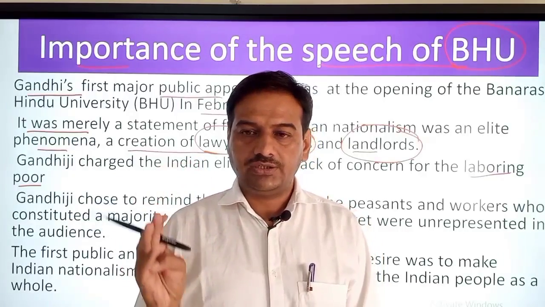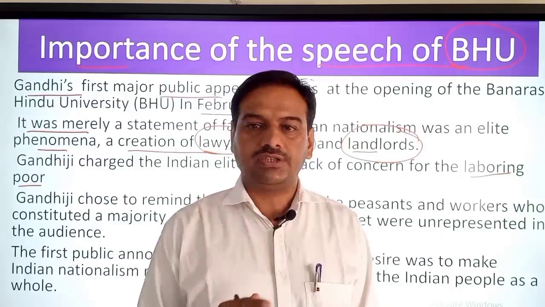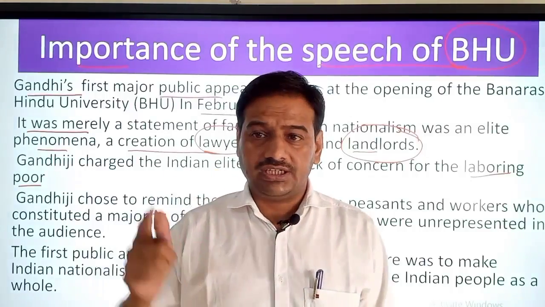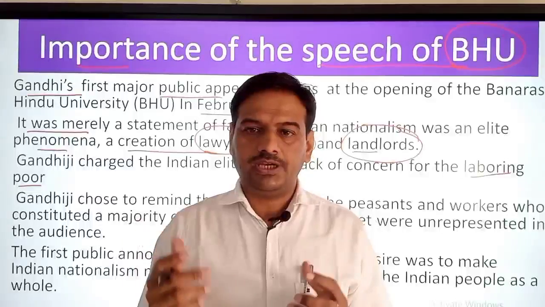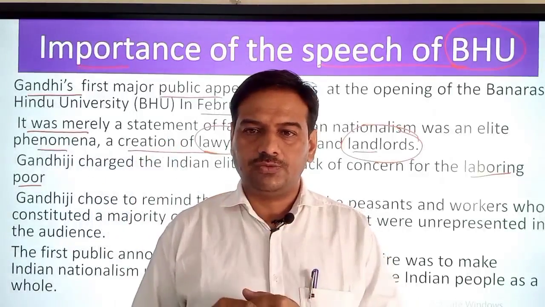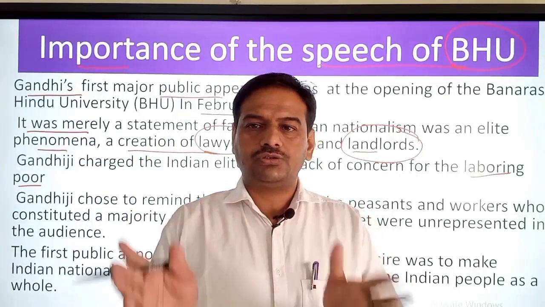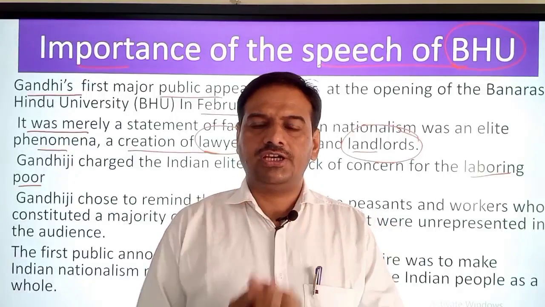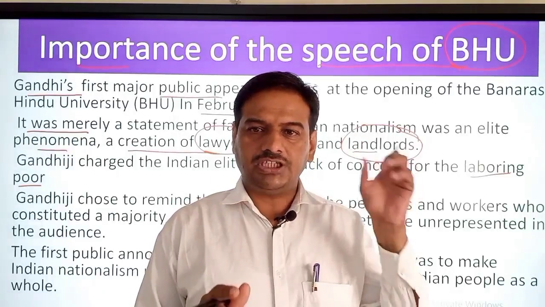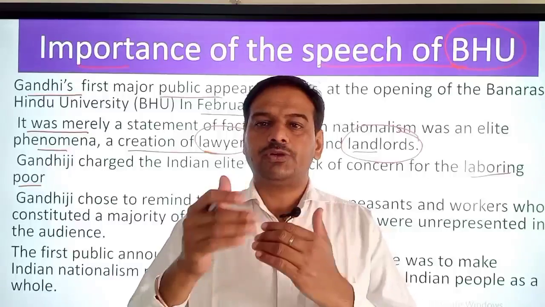Madan Mohan Malviya, who was also a philanthropist, gave a large donation in the creation of BHU. And when we compare Mahatma Gandhi with these towering leaders of that time, he did not have that great popularity. He was a very small leader, but after BHU, he became a very popular leader.